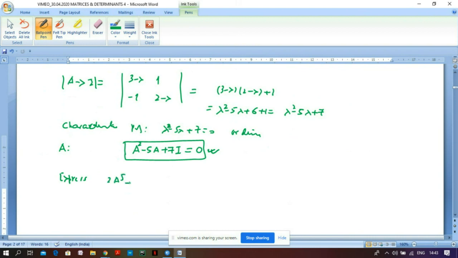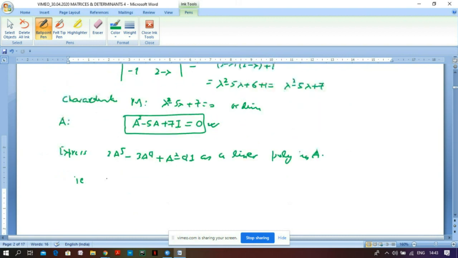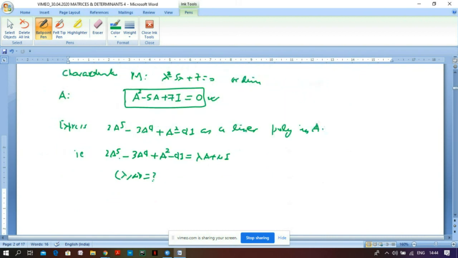Express 2a to the power 5 minus 3a to the power 4 plus a squared minus 4i as a linear polynomial in A. That is, you want to find 2a^5 minus 3a^4 plus a^2 minus 4i as lambda a plus mu I. You want your ordered pair lambda, mu, as Jay has asked a couple of times. So you want to find this one.